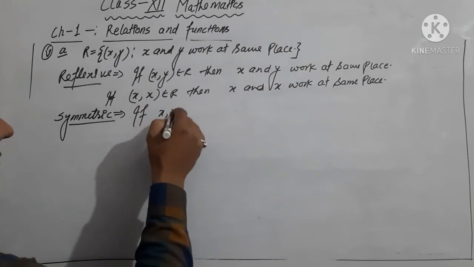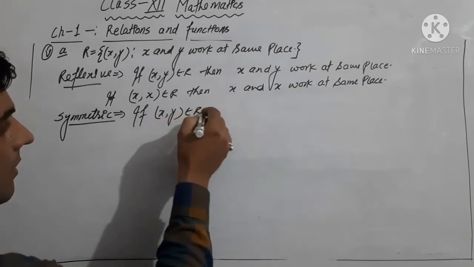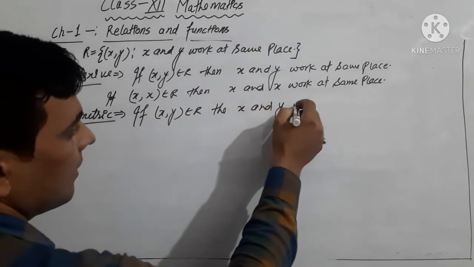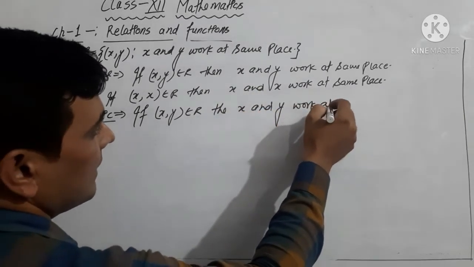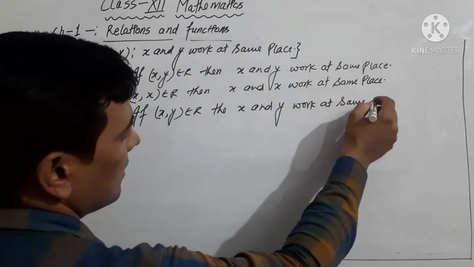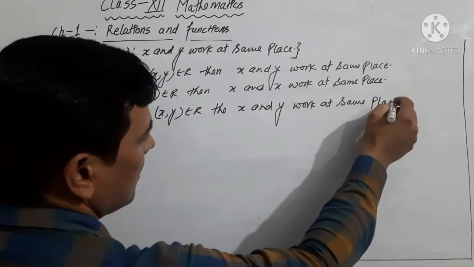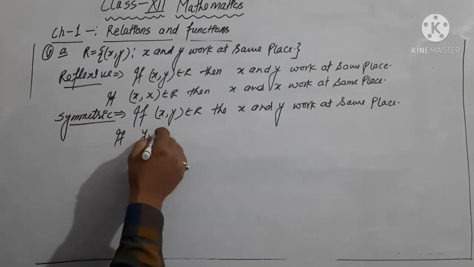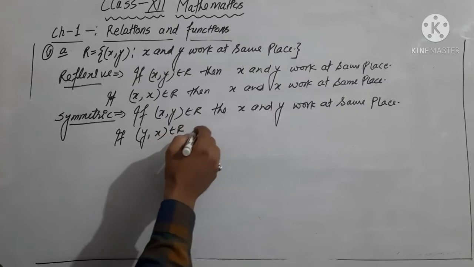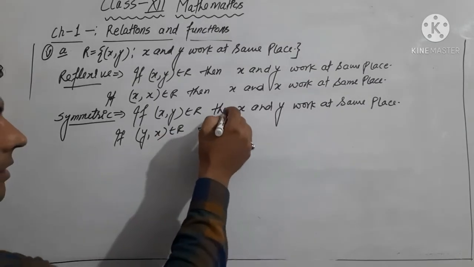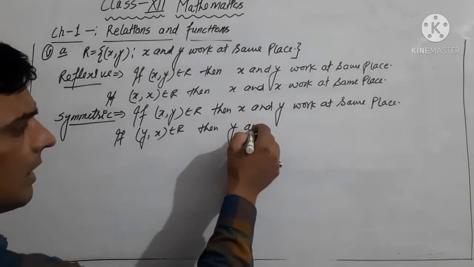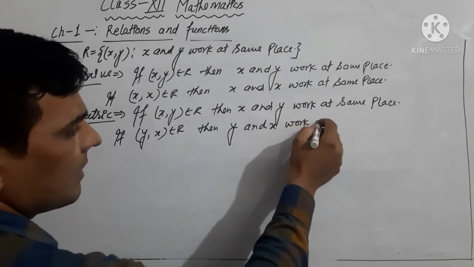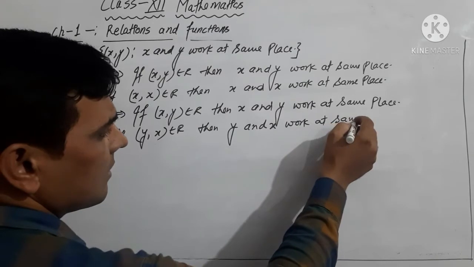If (x, y) belongs to R, then x and y work at same place. If (y, x) belongs to R, then y and x work at same place.